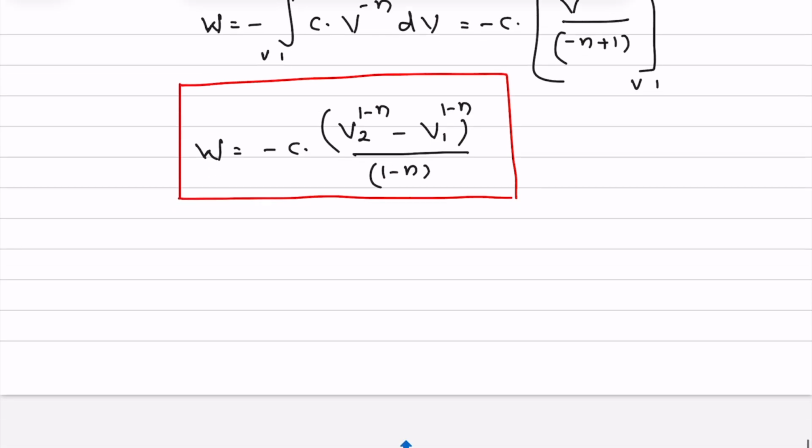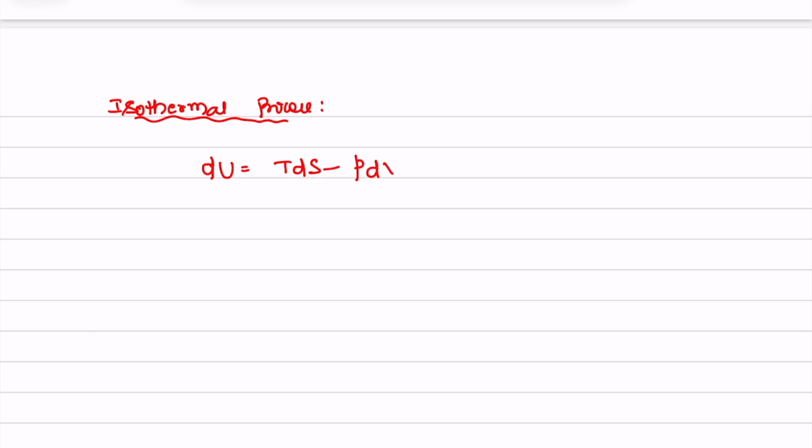Next is the isothermal process. How do you define it using the fundamental thermodynamic equation? What is the fundamental thermodynamic equation? It is dU is equal to TdS minus PdV.